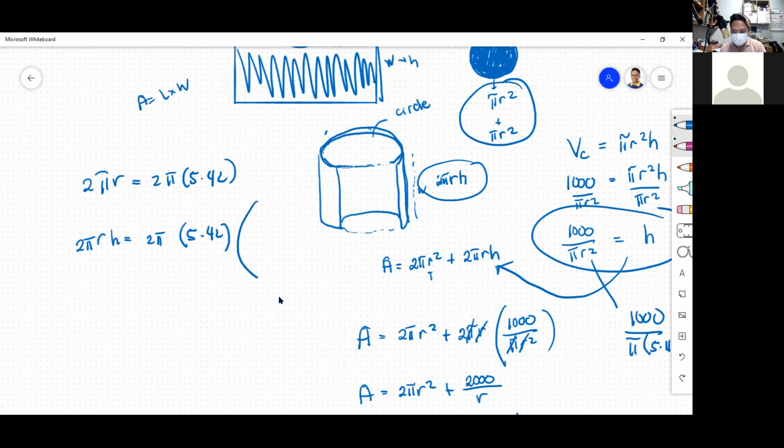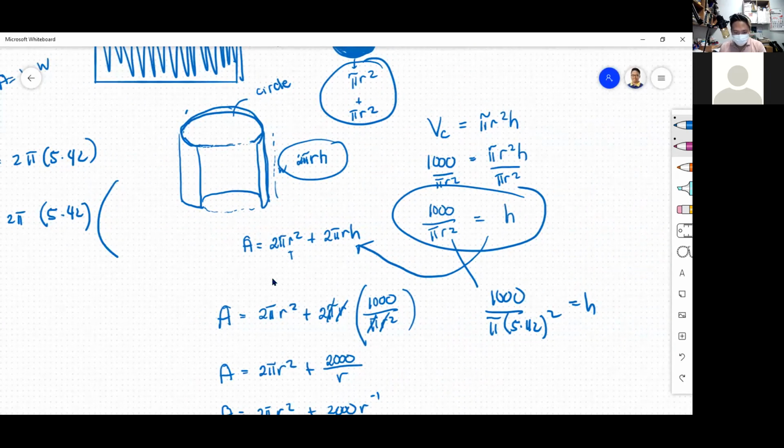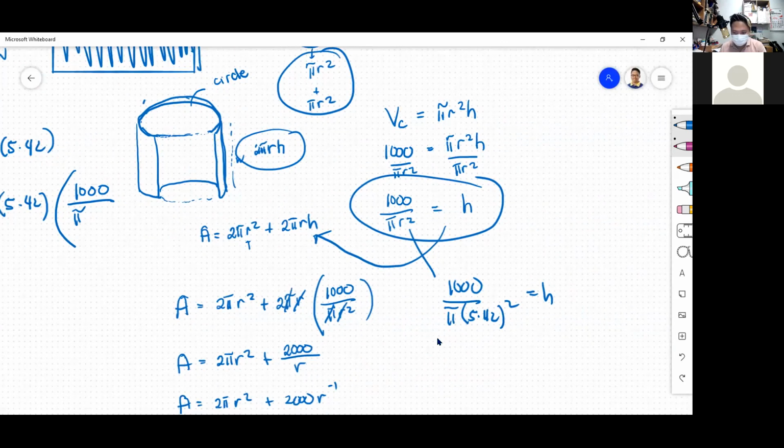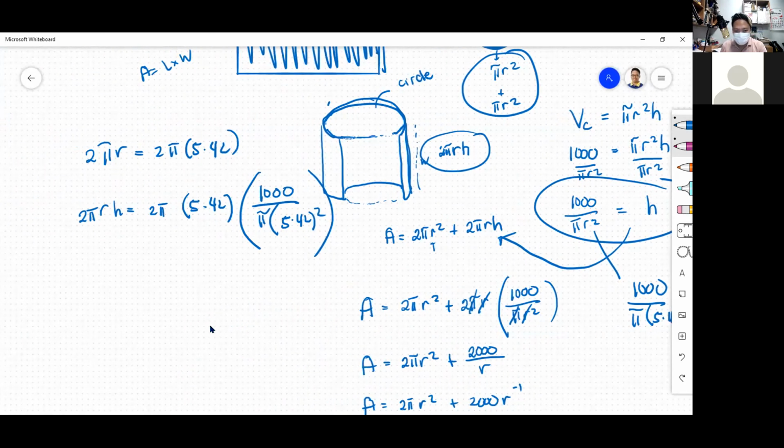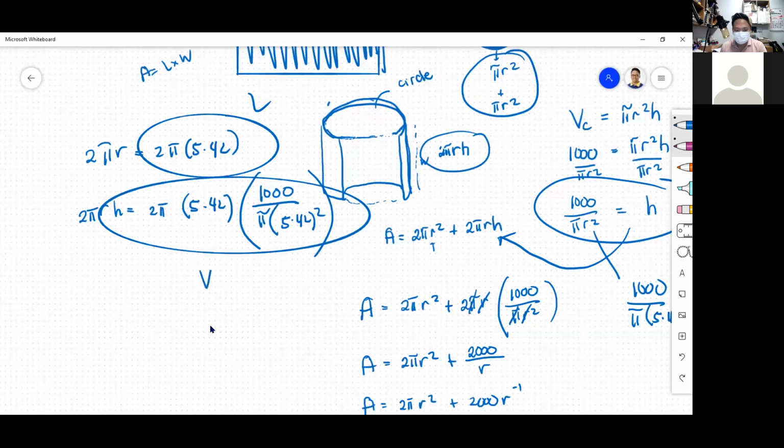So, times, it's already 1,000 over pi times 5.42 squared. So, i-simplify lang ning duha. This is the length and this is the width. That's a dimension.